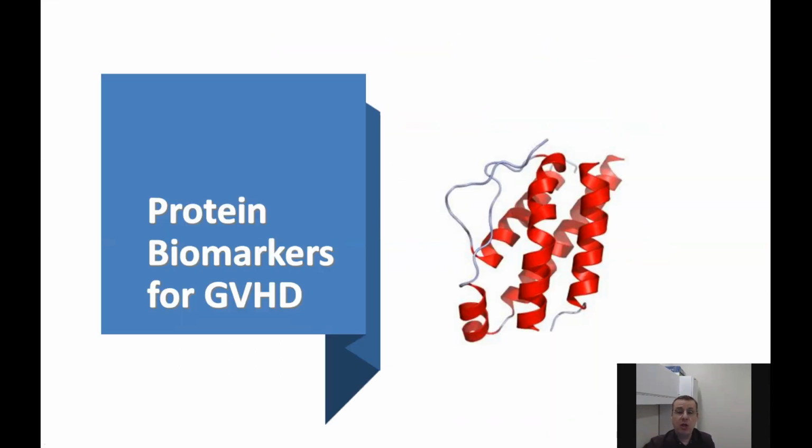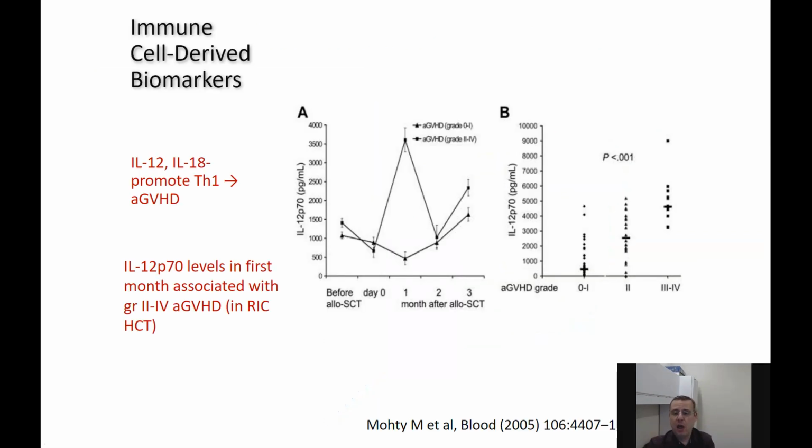Now, regarding protein biomarkers, specifically for graft-versus-host disease, I'd like to elaborate a little bit on that. Many different immune-mediated proteins related to development of graft-versus-host disease have been studied over the years and found to correlate with the degree of GVHD.